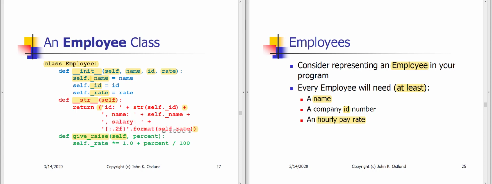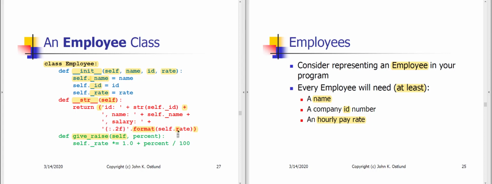And then the rate that the current employee has. We don't want to show more than 2 decimal places for the hourly rate. So we're using our good old format function, and we're saying, let's format the rate. Aha, I just noticed I have a typo here.